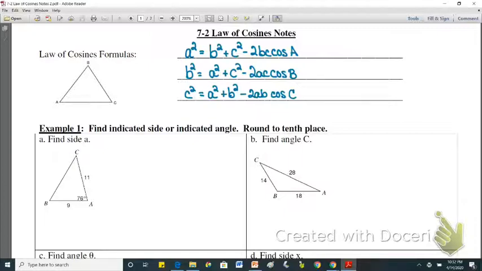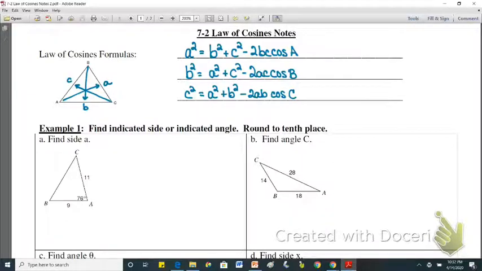If I'm trying to solve for B, I'm going to use the second, or C, the third. As a reminder, when we label our sides, we always go across from the angle. So that's side A, this is side B, and this is side C.